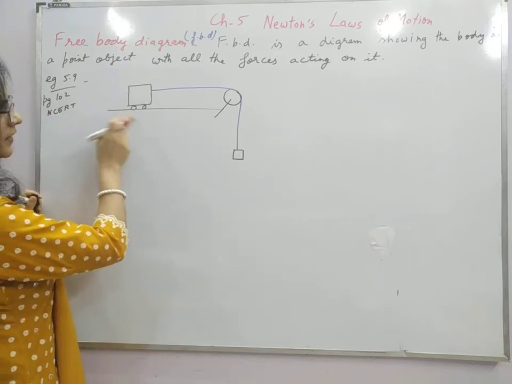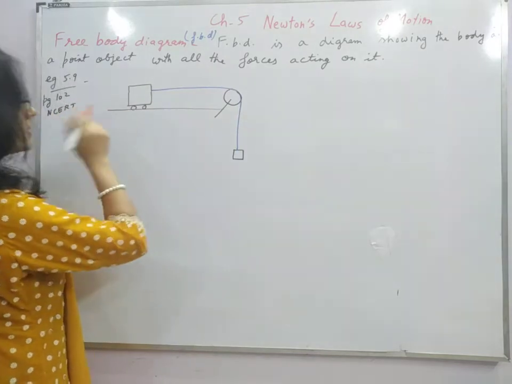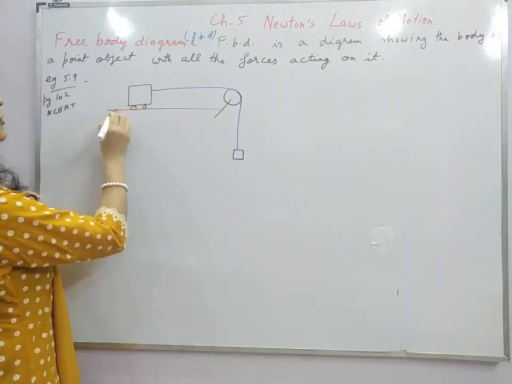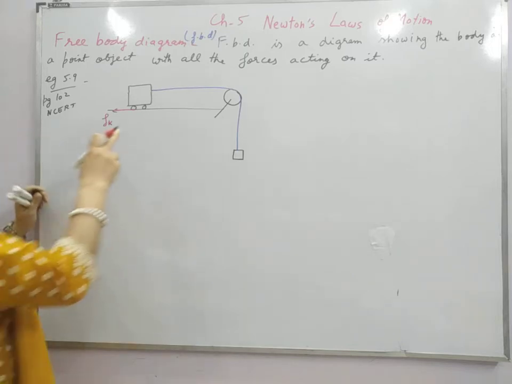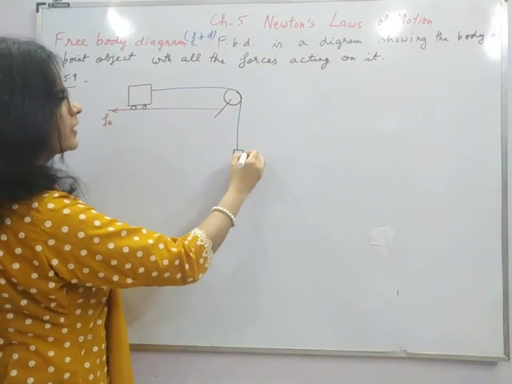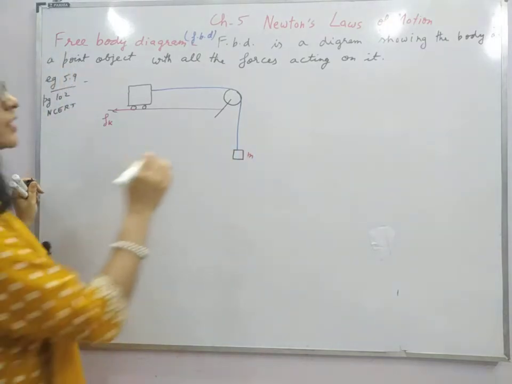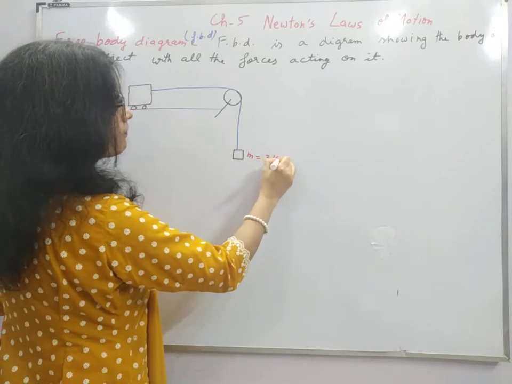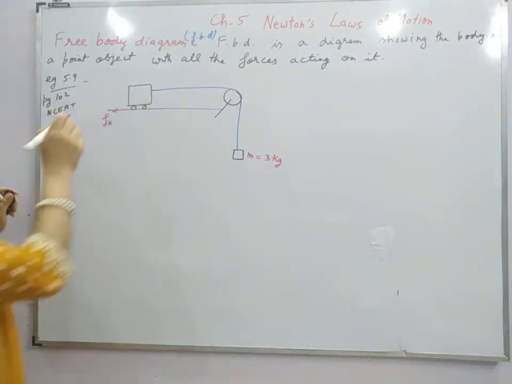Which direction will be the direction of kinetic friction? If this system is moving this way, the kinetic friction will be opposite to that. What is the tension in the string? Now let's see, beta. This string is in taut position. The mass of the block is given as 3 kg, right? And the trolley's mass is given as 20 kg.